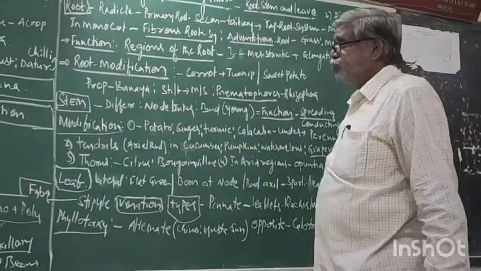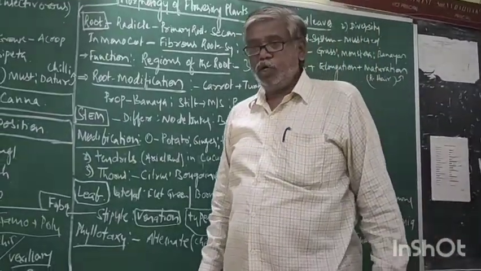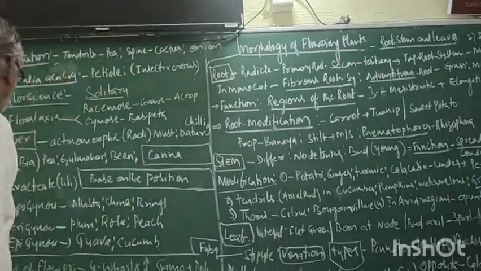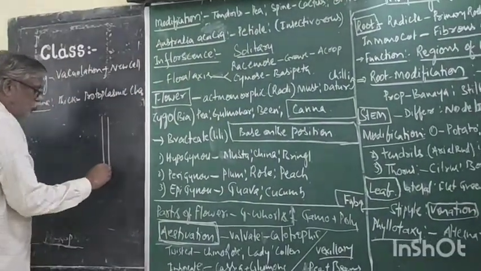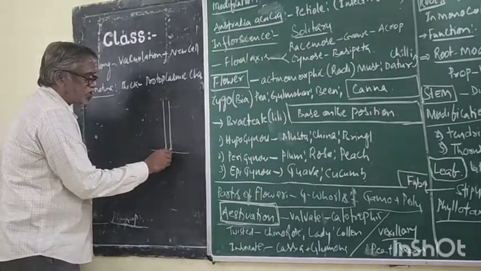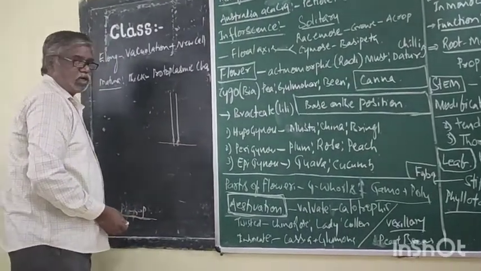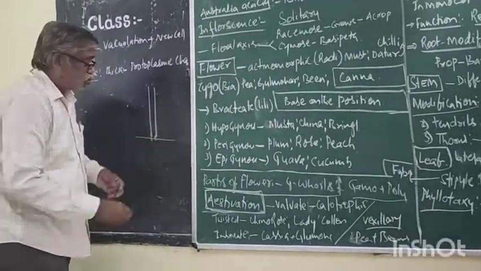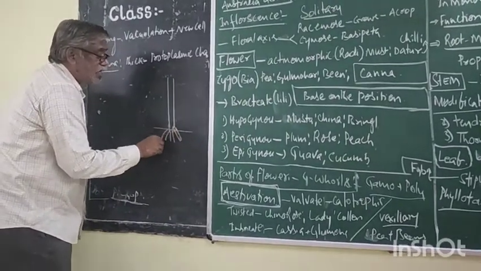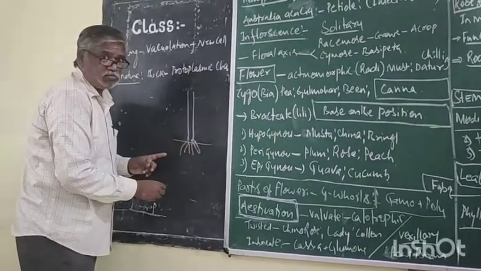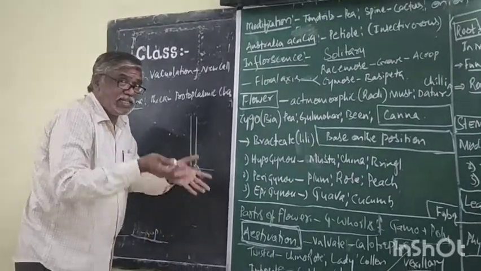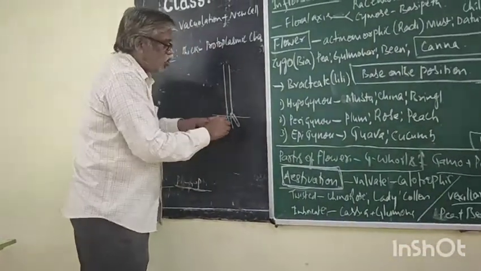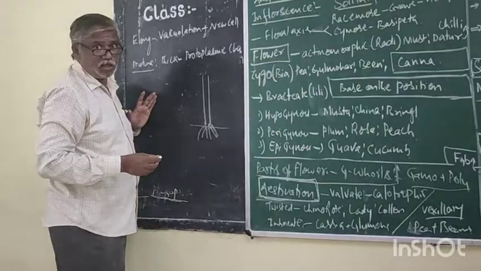In monocots, the radicle is replaced by roots which originate from the base of the stem. The radicle degenerates, and the roots appear at the base.